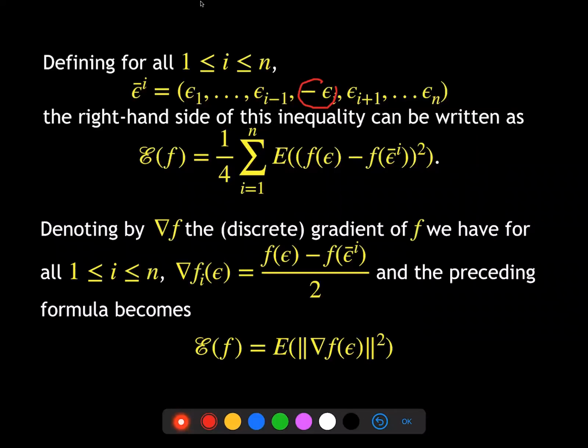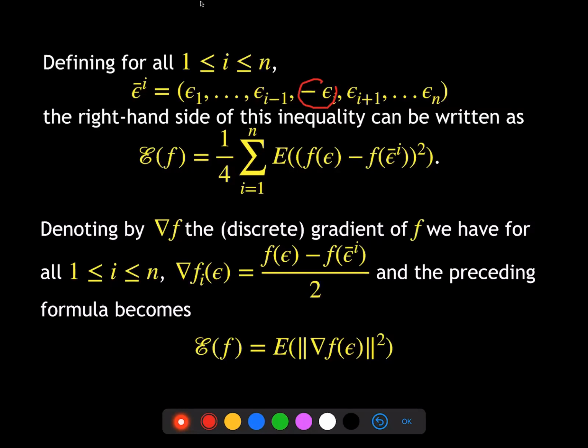So on the hypercube, you can define the discrete gradient of the function. It is simply defined as the value of f at some point minus the value of f at the point where you have just flipped the i-th coordinate, and you divide by 2 just because the difference between +1 and -1 is equal to 2. So you normalize by 2.